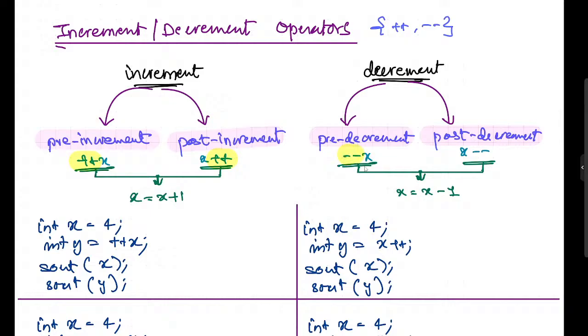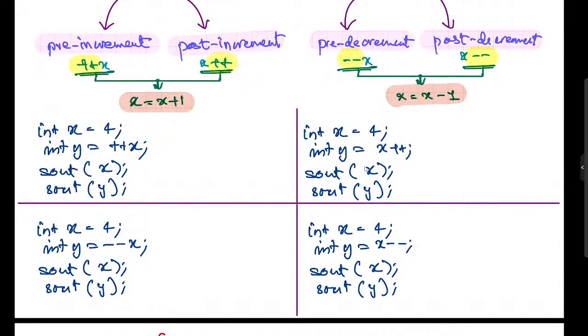In essence they both do the same thing. If it is x plus plus, whether post increment or pre increment, it's just adding one to the number you already have. In the same way, if it is x minus minus, it's just removing one from whatever number you have.